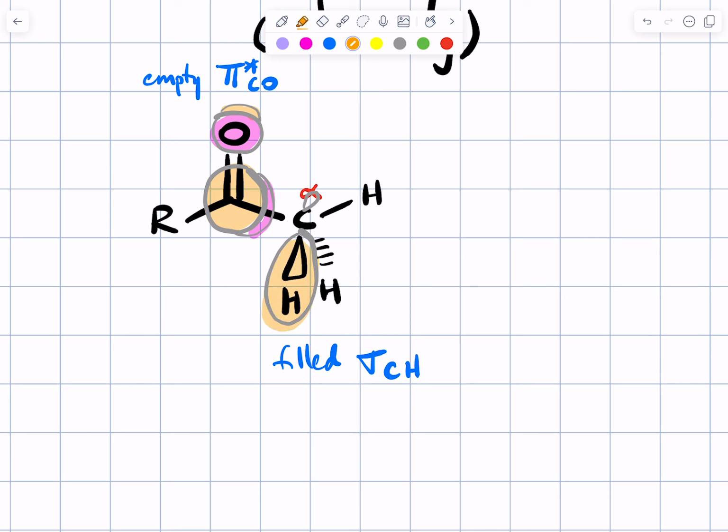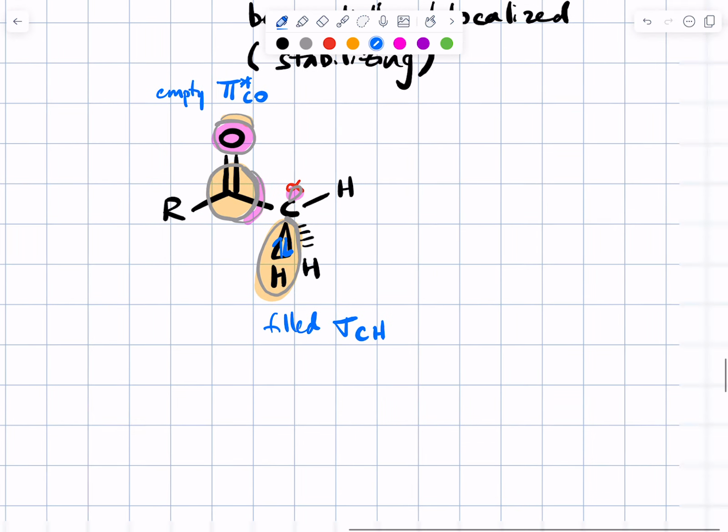We'll choose orange here and pink here. You have to imagine that CH jutting out towards you at an angle in a way that it would line up with this orange part of the pi star. And just to highlight it, there are 2 electrons in this bond, the CH bond.